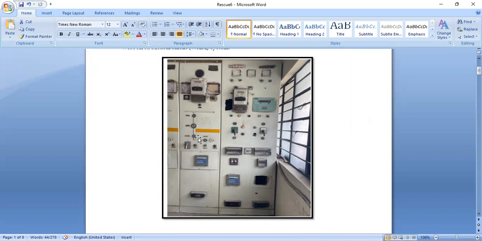The outgoing has 22 feeders and three outgoings, meaning three transformers can connect with the 22 feeders. This is the energy meter, which shows the kVAR, the current, and the graded time system for the feeder. On an outgoing transformer, we can connect this type of panel.